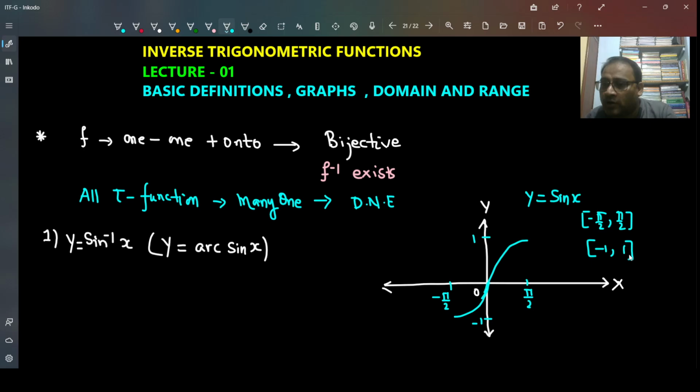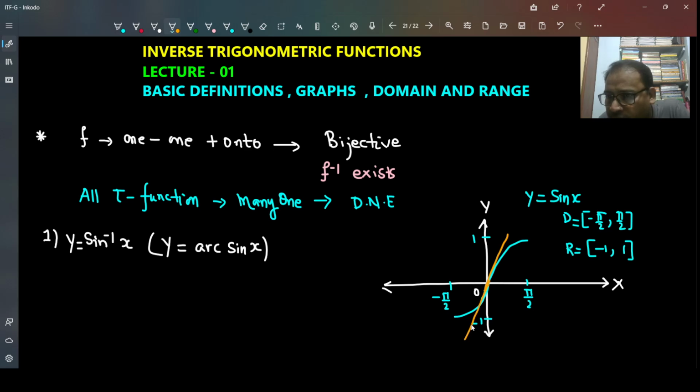So when I draw its inverse, sine inverse x, this domain becomes the range and the range becomes the domain for the sine inverse function. So how to draw the sine inverse function? We have to take the reflection of this sine curve with respect to the line y is equal to x.